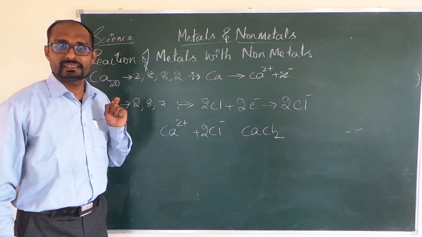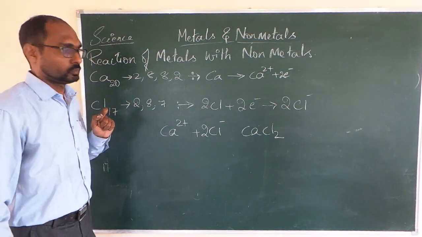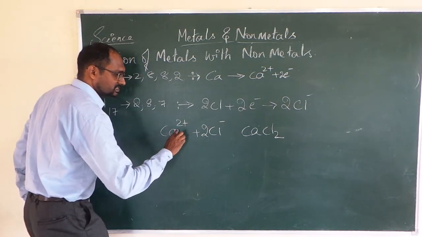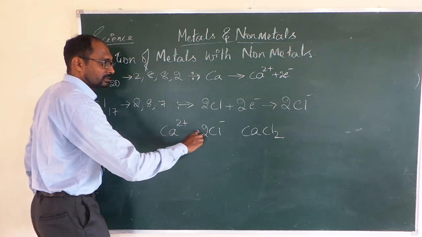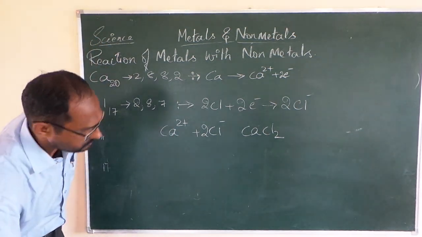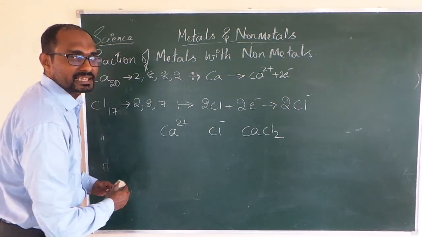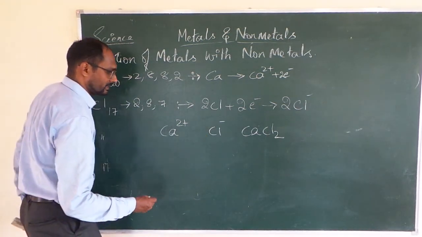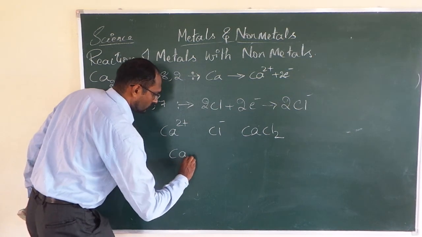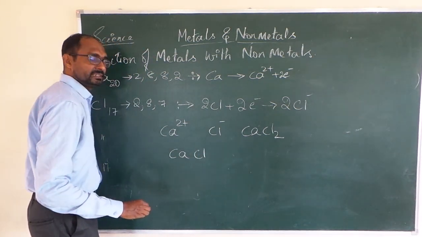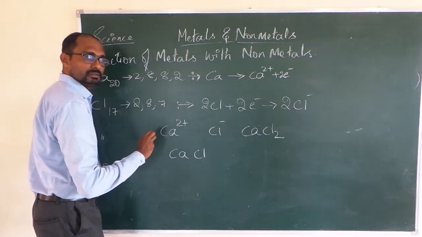That we have learned in 9th standard. Let me explain once again. When we have calcium Ca2+ ion and chlorine, the Cl- ion, we use a method called the crisscross method, wherein we write the elements without any charge symbol.